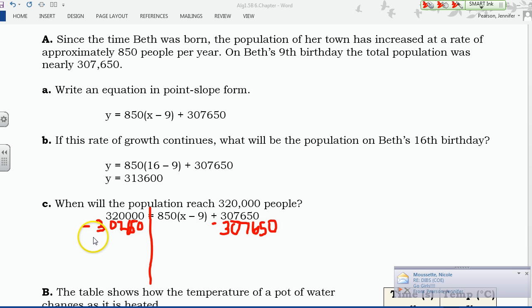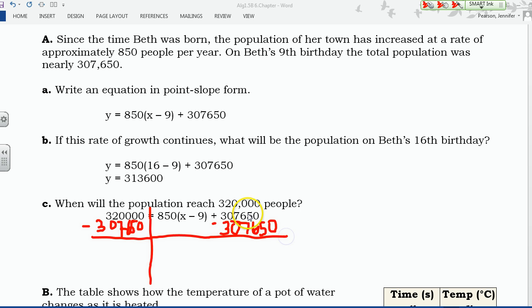When we solve an mx plus b equation, we know to subtract the intercept from both sides and then divide by the slope. So we're going to do the same thing when we start this off. Subtract the y1 value from each side. And then the next step would be to divide both sides by the slope.